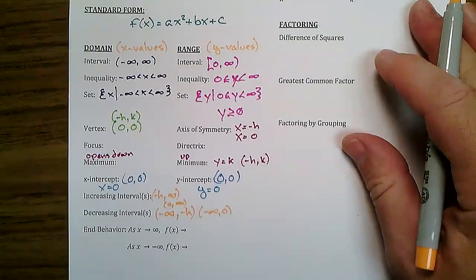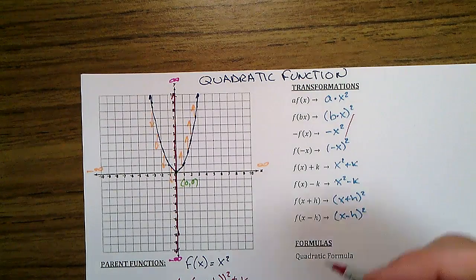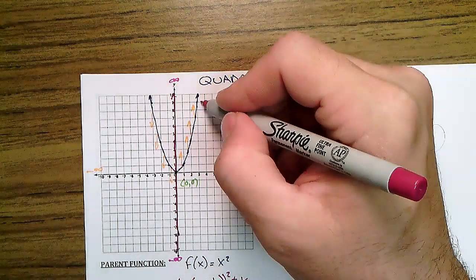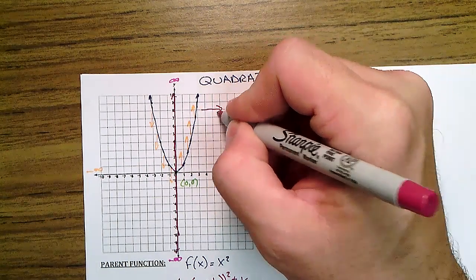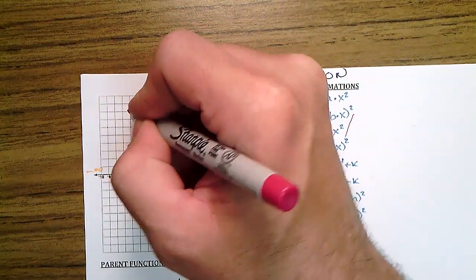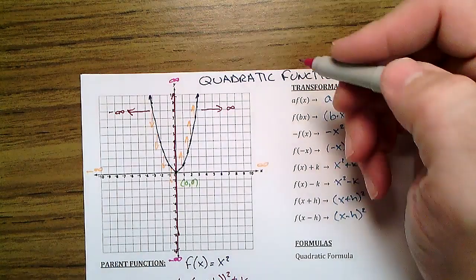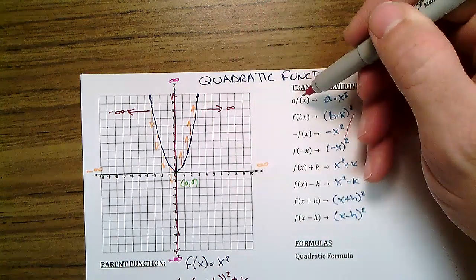Now, end behavior, on the other hand, is looking at what happens to our y values as our function heads towards positive infinity and negative infinity on the x-axis. So what's happening to our y values as we go towards infinity?